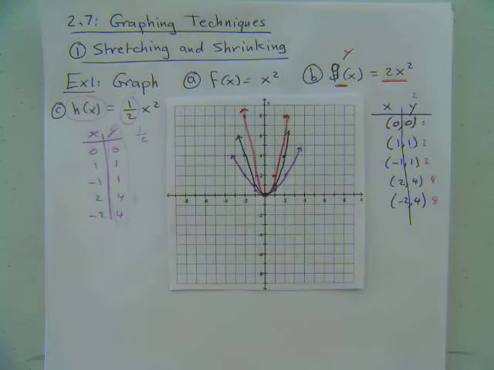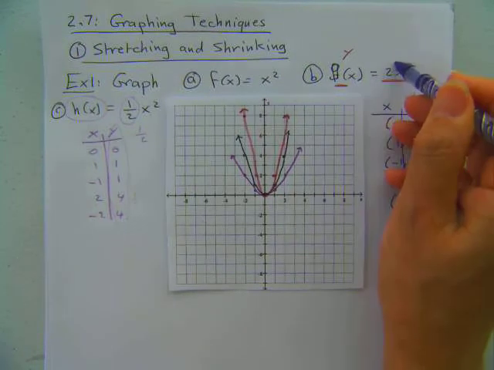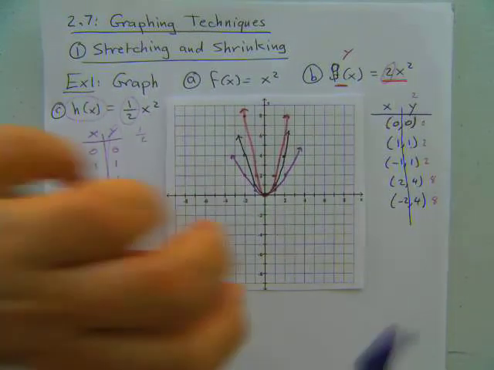So now we can have the conclusion. You can see it in your PowerPoints. You can write it from there because I'm not going to write it all down for you, but I'm going to say it so you can understand it. When we multiply the function by a number that is greater than 1, then my graph is going to stretch vertically.